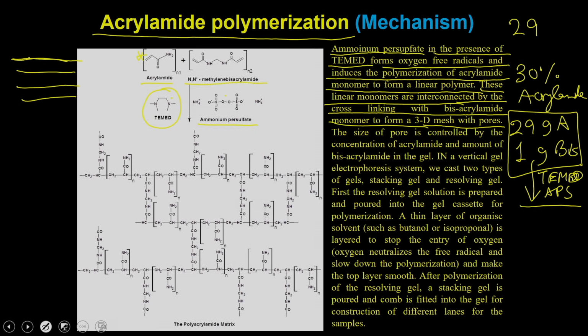These polymeric fibers are also connected with the help of the bisacrylamide, because the bisacrylamide has the cross linking groups on both sides, and that is how you make a 3D mesh containing pores in between, and these pores are used for the biomolecules to pass through.